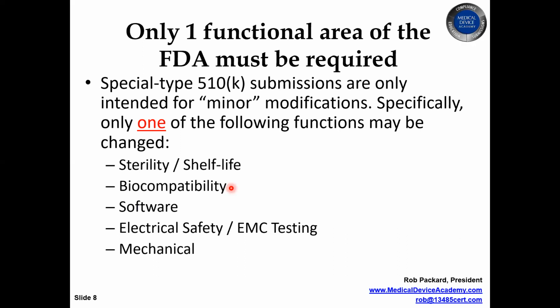So therefore, even though they might be minor modifications, if you make a modification to the sterilization process and the biocompatibility at the same time in the same submission, they just don't have the resources to coordinate all that and get it done within 30 days. So they say, sorry, we're going to have to convert this to a traditional submission.